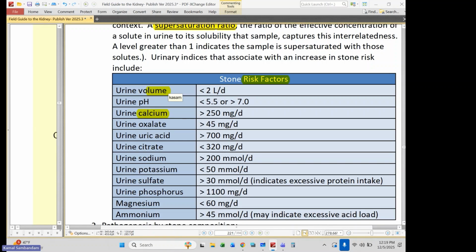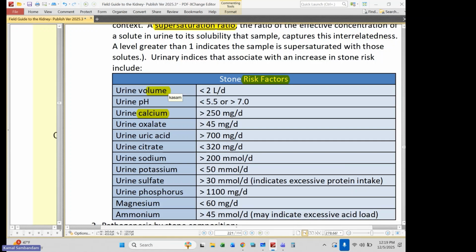All right, so we can therefore look at stone risk factors individually as we're managing a patient and use it alongside the supersaturations. Don't just gloss over this stuff and just go straight to the supersaturation, and also don't over anchor on these things. So kind of use them both as you're making clinical decisions.